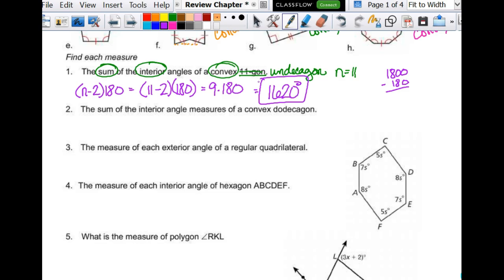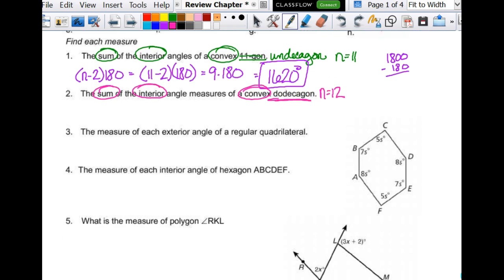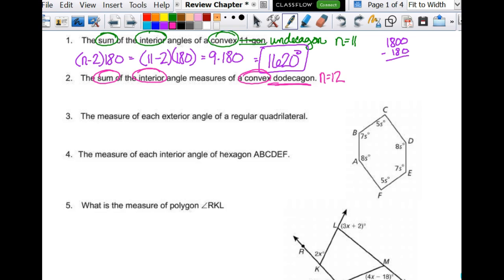All right, so then 2 says the sum of the interior angle measures of a convex dodecagon, that means n equals 12. So that's going to be 12 minus 2 times 180. Well, that's 10 times 180, which we've already figured out is 1,800.